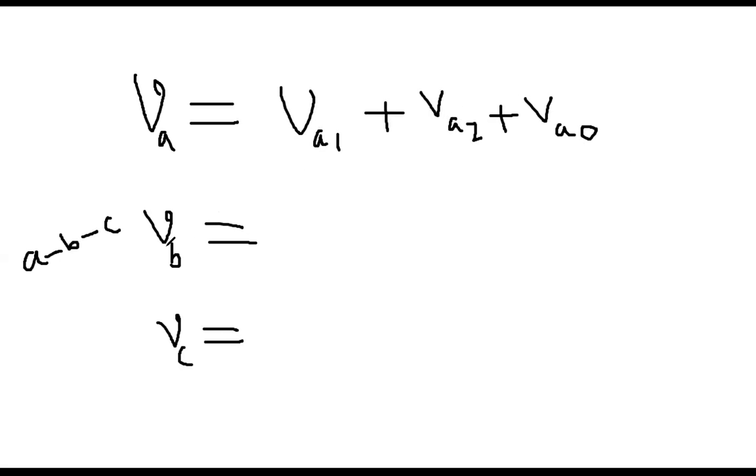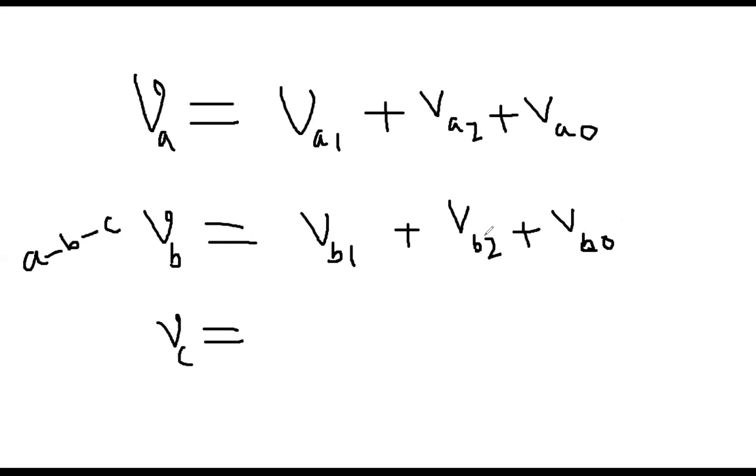So similarly, I am decomposing VB into three parts: VB1 plus VB2 plus VB0. See the pattern, the way I am making it, 0, 0 here, 2, 2 here, 1, 1 here.